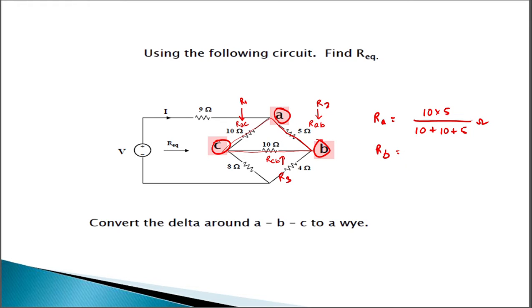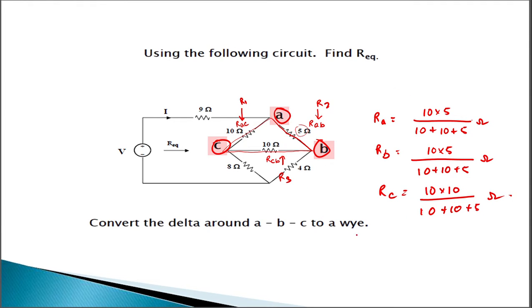RB connects A and C, so we will take 5 and 10. So 10 multiplied by 5 again, divided by 10 plus 10 plus 5. And here, C connects A and B. So RC will be 10 multiplied by 10 divided by 10 plus 10 plus 5 ohm.